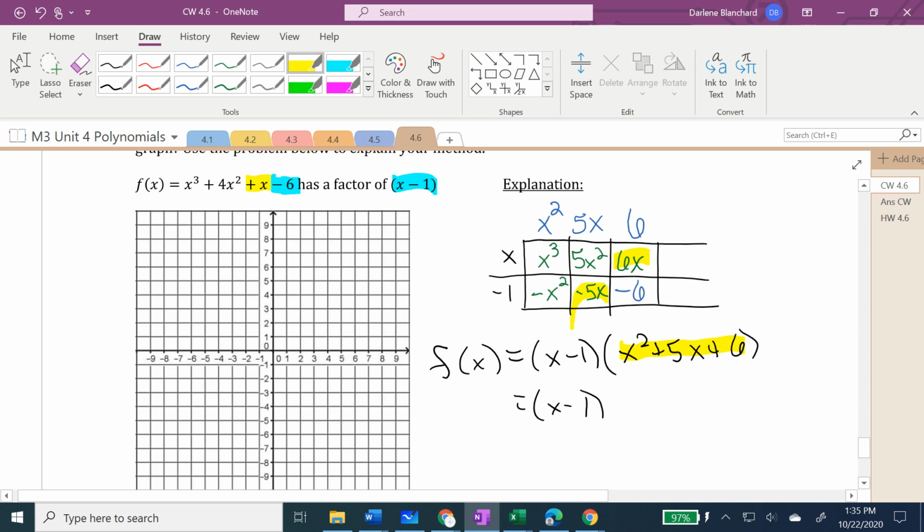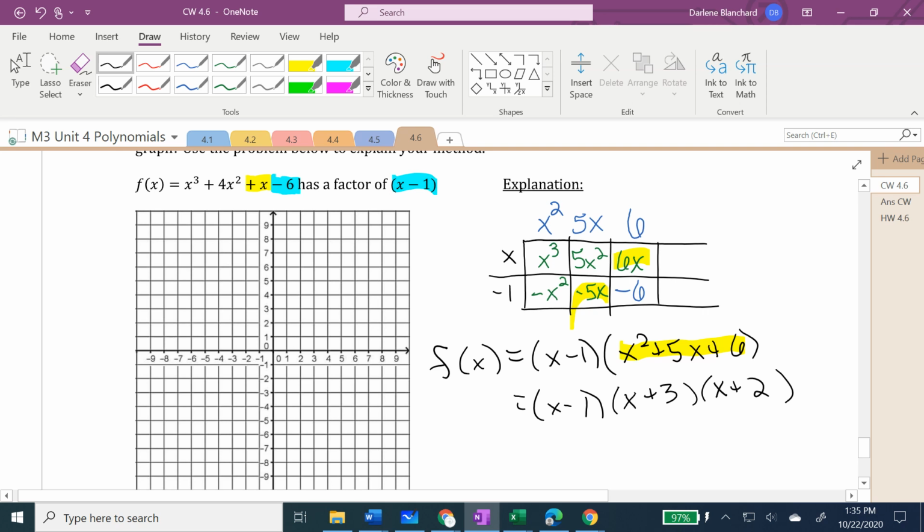What does it factor to? It factors to x plus 3 and x plus 2. I multiply, I get positive 6. I add, I get positive 5.